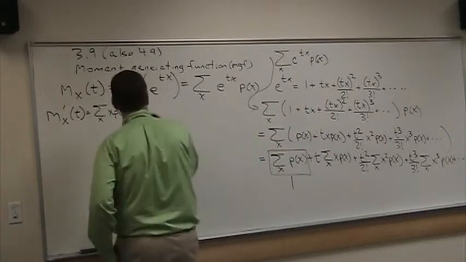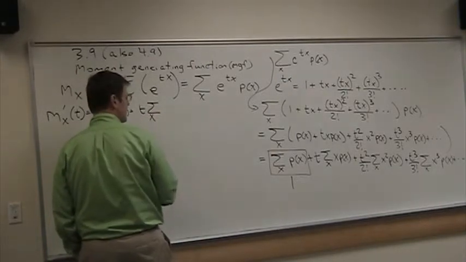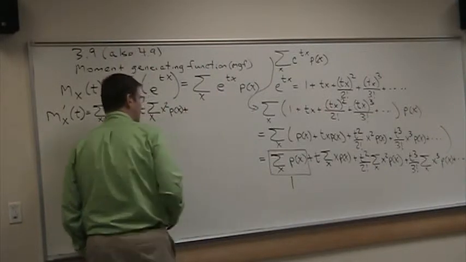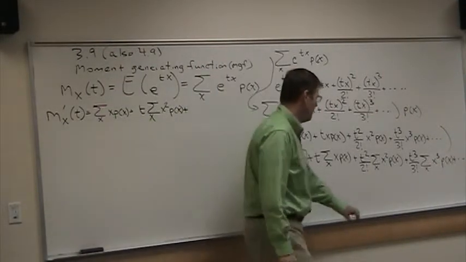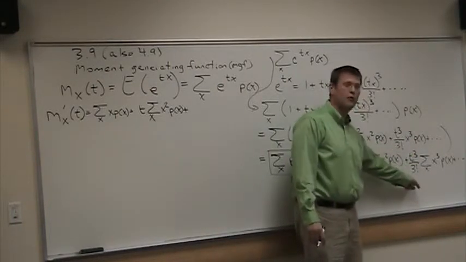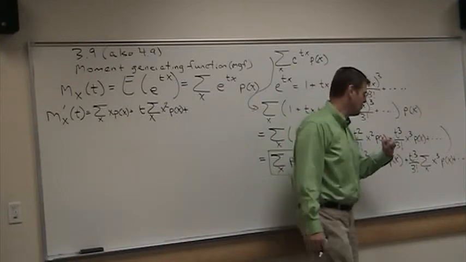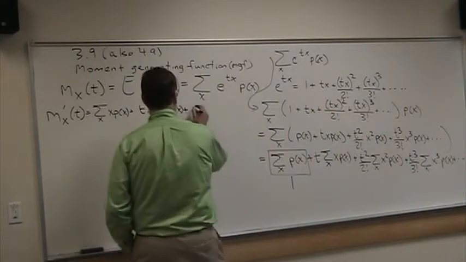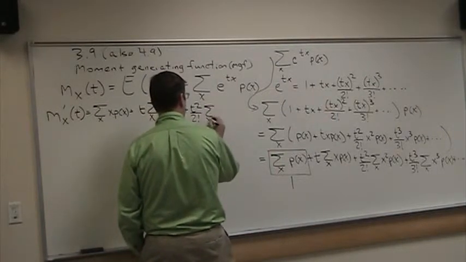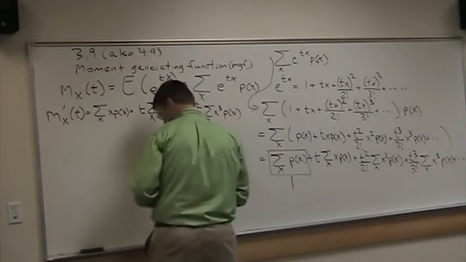So this term becomes t times the sum over all x of x squared p of x plus this term, derivative of t cubed over 3 factorial becomes t squared over 2 factorial, so t squared over 2 factorial, sum over all x of x cubed times p of x.